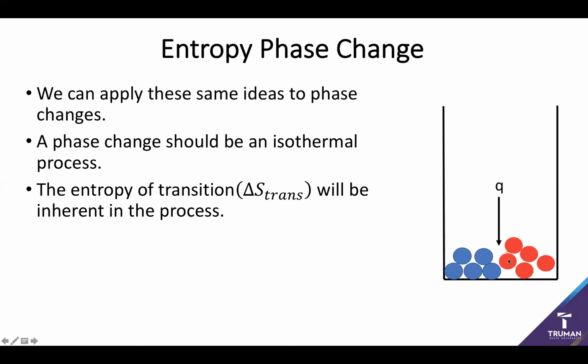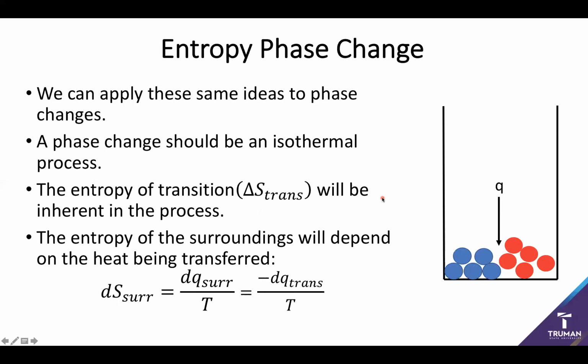In general, we find that a liquid is going to be more disordered than a solid because there are many more configurations that the individual molecules can take, and a gas is even more disordered. So we're going to generally see positive entropies of transition as we go from solid to liquid to gas.